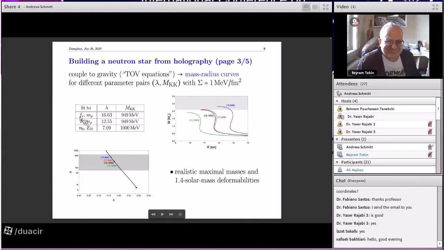Before I get to these curves that you see here, have a look at this table where certain fits of my parameters are shown. And you see I can fit to vacuum properties like the pion decay constant F_pi, rho meson mass. You get values of the top coupling of the order of 10, values of the Kaluza-Klein scale of the order of 1 GeV. The third line is important. It shows what happens if I want to fit against many-body properties like the nuclear saturation density n_0 and the binding energy.